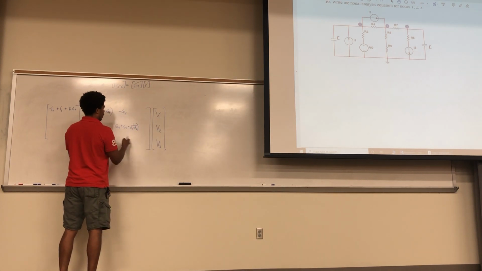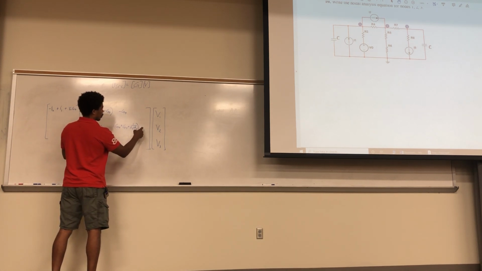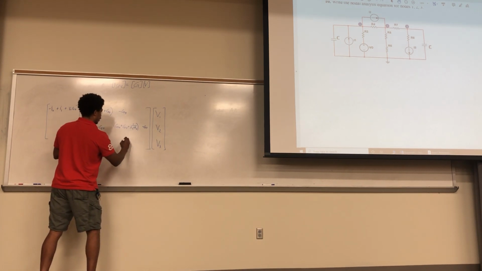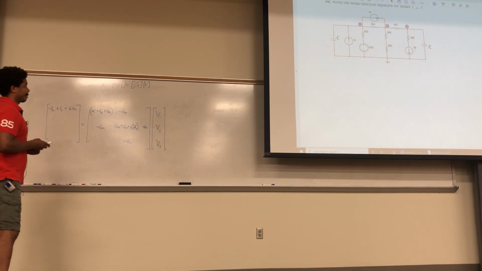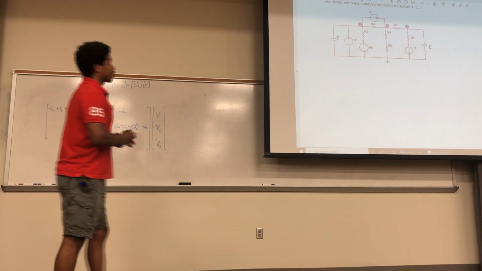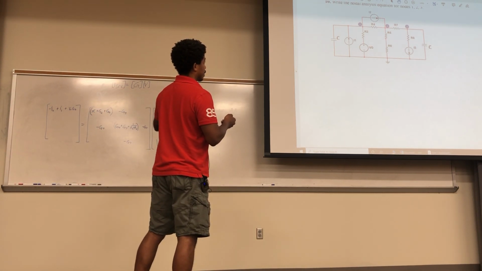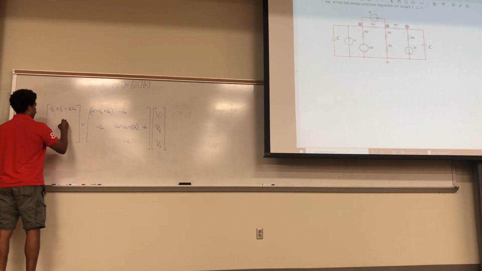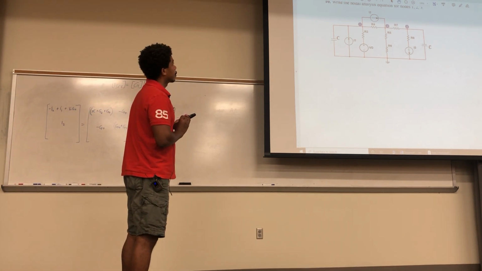So 2 and 3, that corresponds to this right here, and also this right here. So the cross terms of 2 and 3. Okay, what about sources? So for sources, we have this one going in. That'll be a negative on one side. When it goes to the other side, it'll be a positive. So I2 for positive. I don't see any other sources.